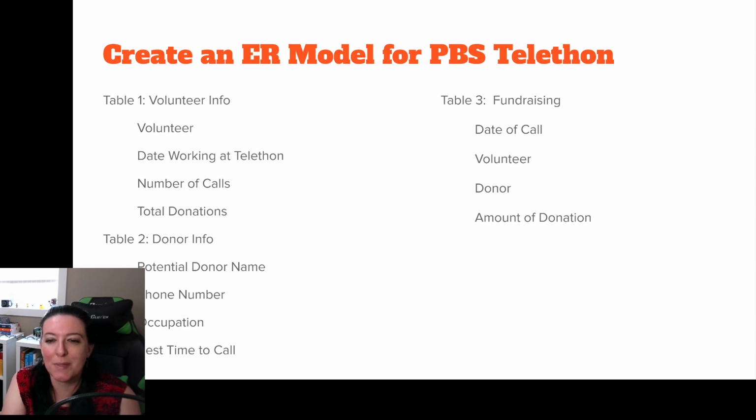We've gotten a list of potential people and their phone numbers, what they do for a living, and the best time to call them. And then our third table is when we're going to make the call, what volunteer makes the call, what donor gets the call, and the amount of a donation if there is any. So create the entity diagram and add in your crow's foot notation.